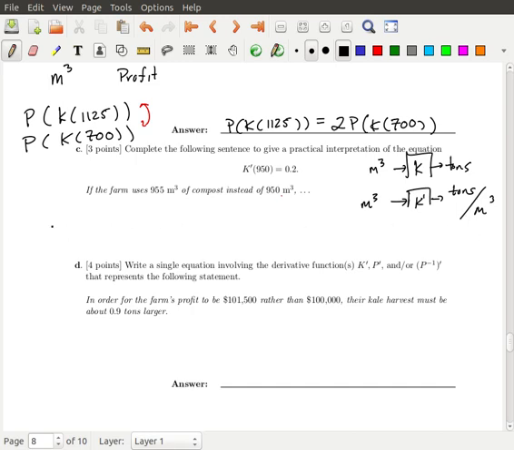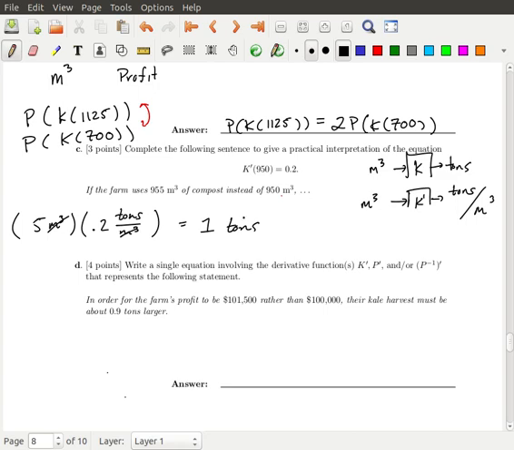Well, if we have an increase of 5 meters cubed, and then we multiply it by the rate 0.2 tons per meter cubed, then these will cancel, and we'll get 1 ton.